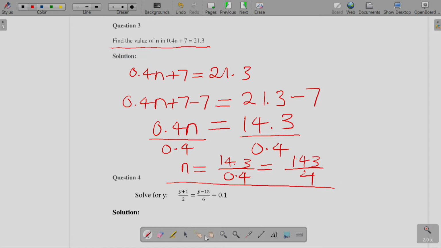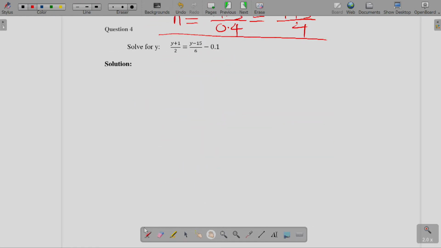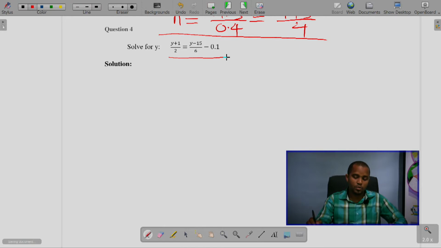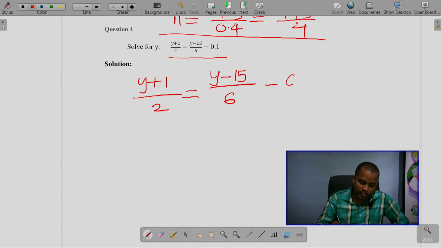Let's move to another question, which requires us to solve for y from this equation. The first step is to write the equation given, which is (y plus 1) divided by 2 equal to (y minus 15) divided by 6 minus 0.1.